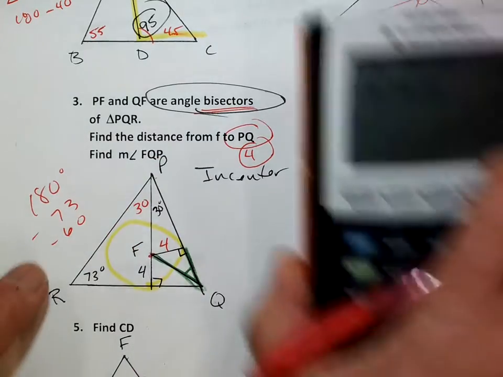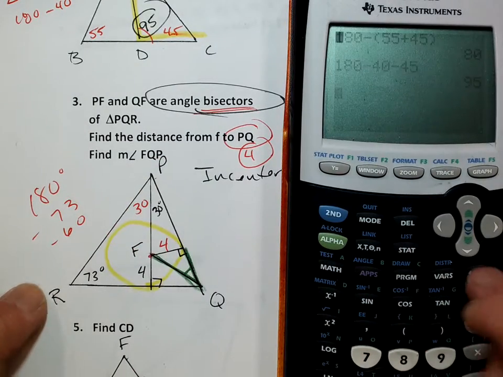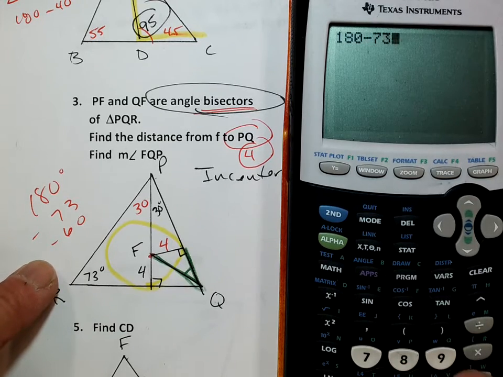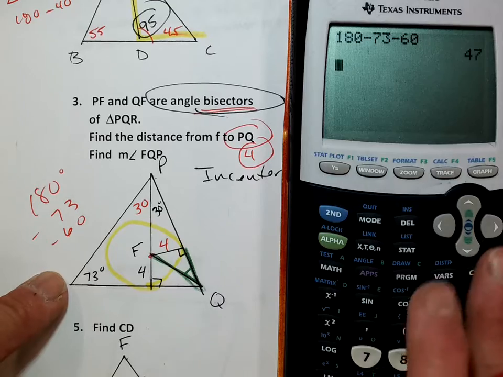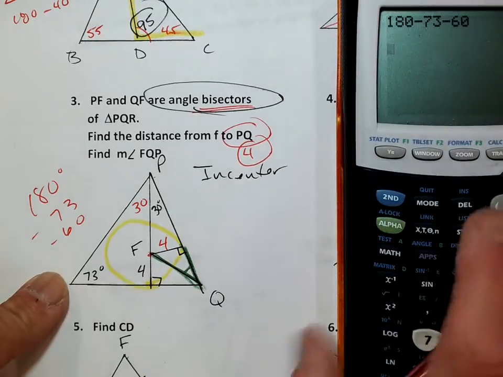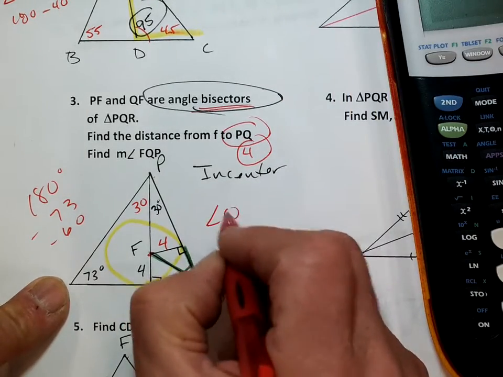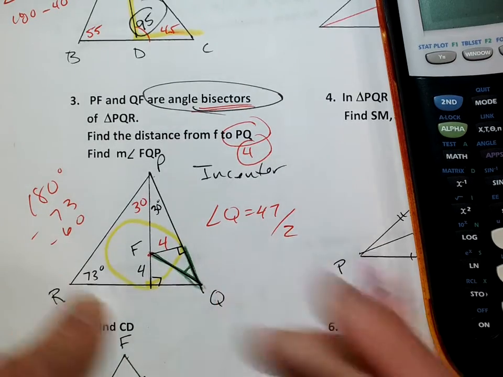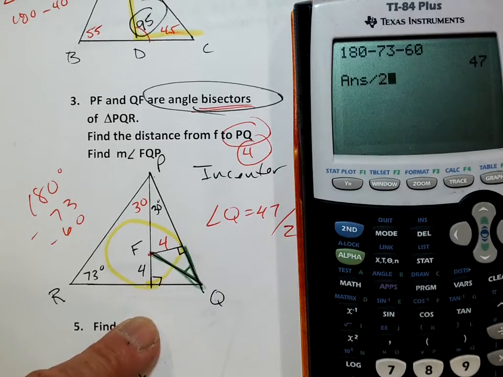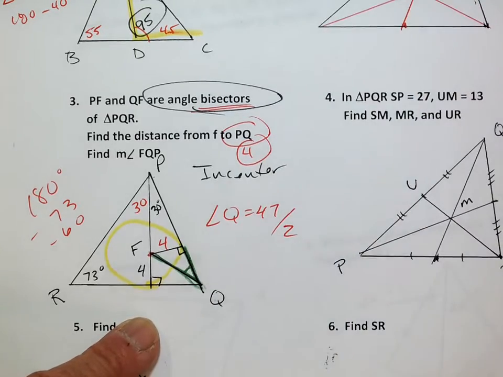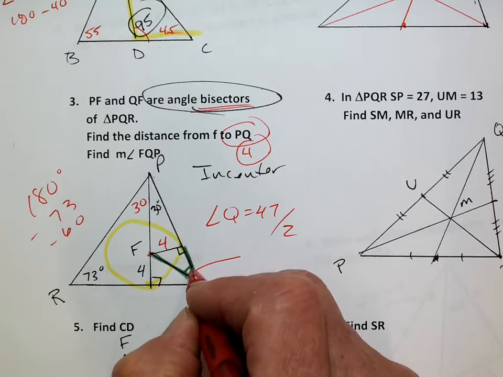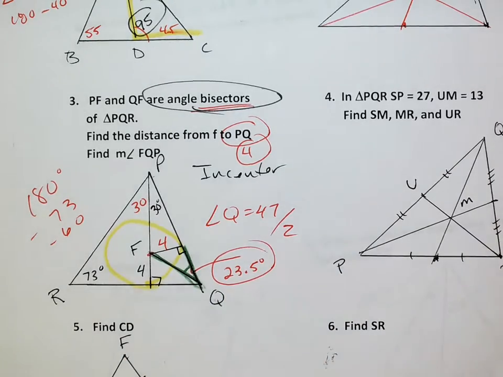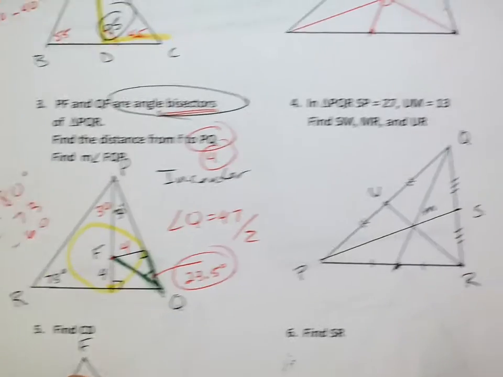So 180 minus 73 minus 60, and I get 47. That's angle Q. Angle Q is 47. I'm going to cut that in half because it says angle bisectors. Divide that by 2, and I get about 23.5 degrees for that angle. Okay, moving on.